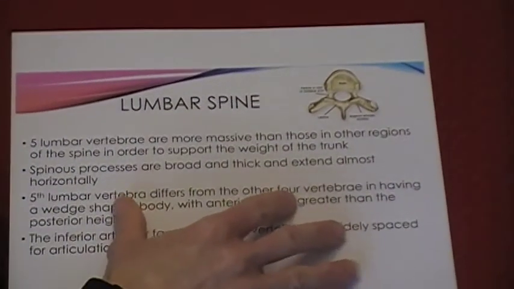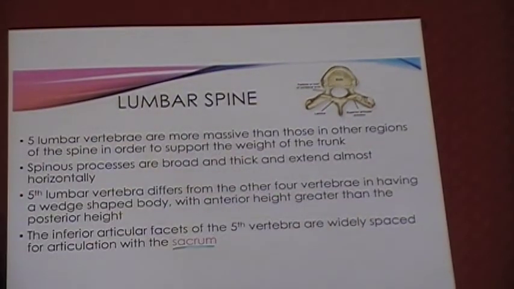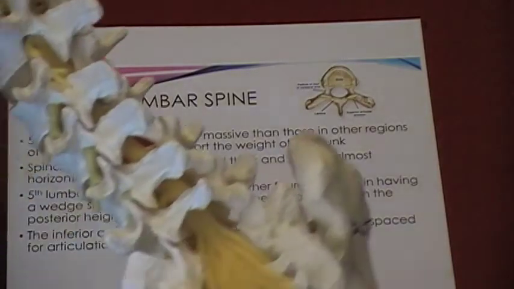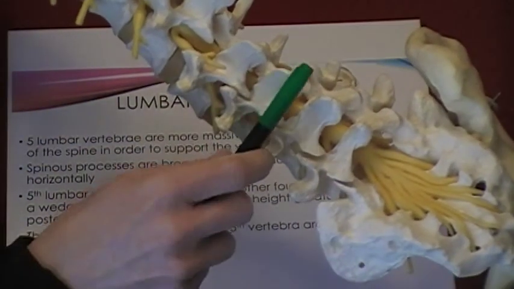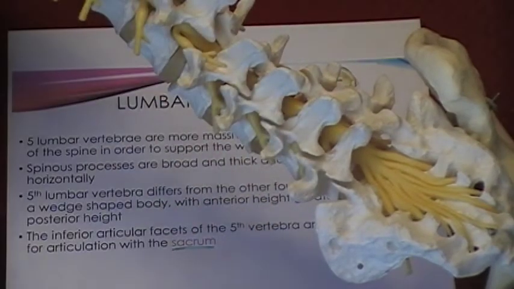And then the lumbar spine, as you all know, consists of 5 lumbar vertebrae. They're obviously much bigger than the thoracic and the cervical vertebrae because this allows for the lumbar spine to be able to support the weight of the trunk. The spinous processes are broad and thick and extend almost horizontally, so you don't see the overlap as you did in the thoracic spine.